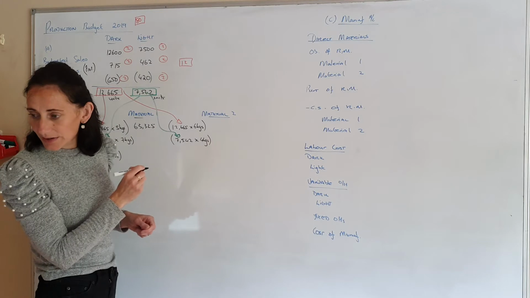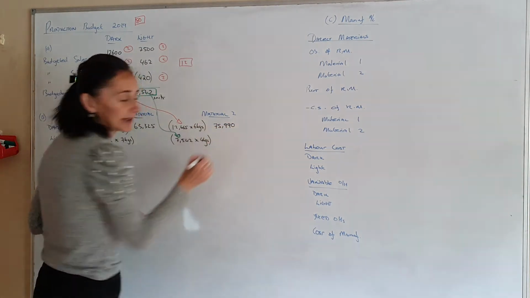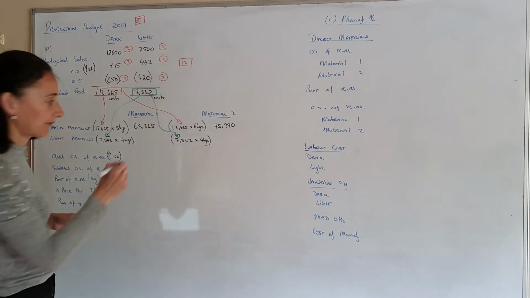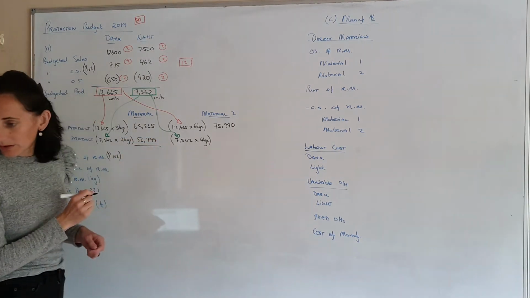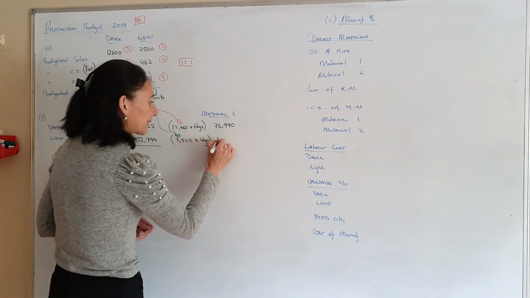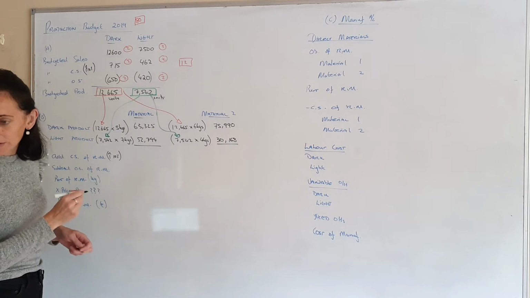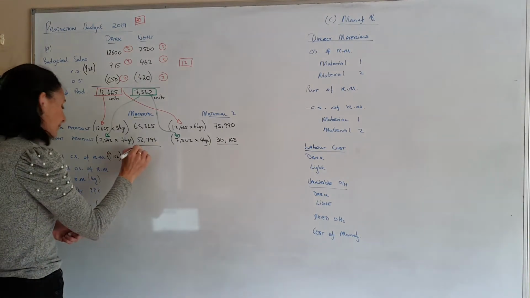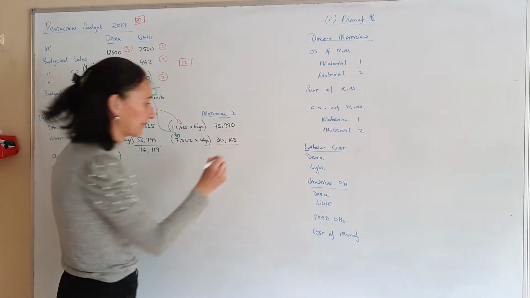And this one over here is 75,990. 52,794. And 31,68. Okay, and the total is 106,158.